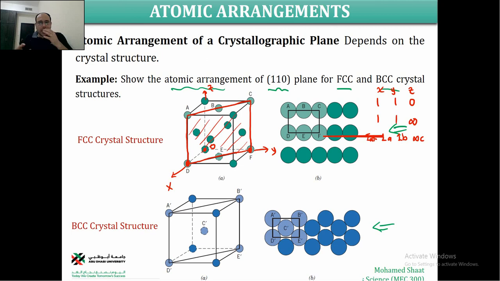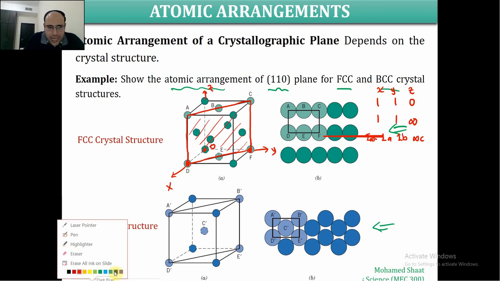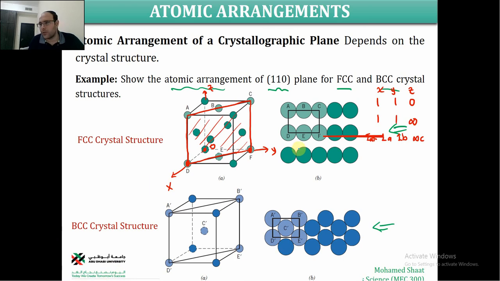So the question is, what are the atoms that are intersecting or located over this plane? According to the FCC crystal structure, we should have an atom that is located at every corner. It means that this atom C belongs to this plane. Its center is located over this plane, at this corner.